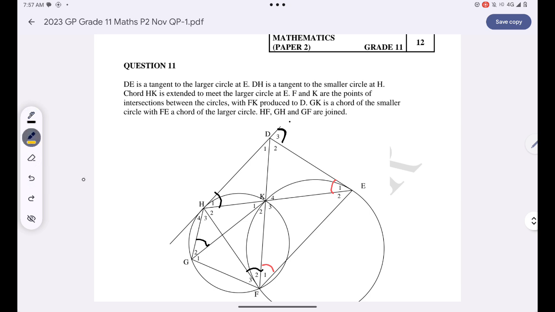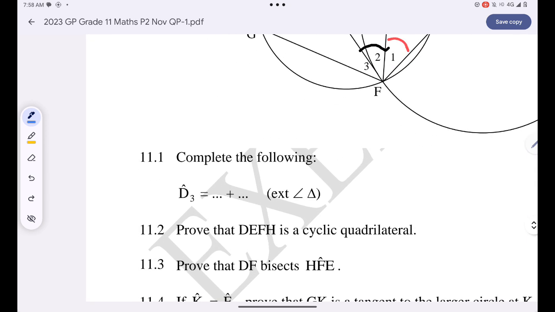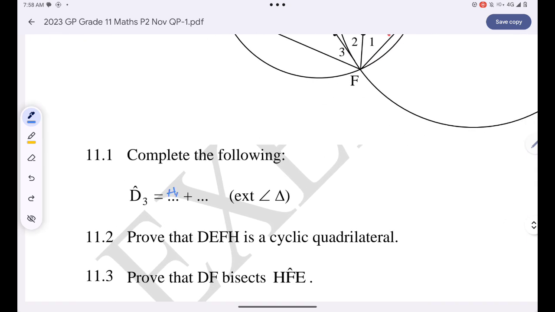We are focusing on this triangle over here. So this angle D3 is equal to this one plus this one. Are you together? The exterior angle of a triangle is always equal to the sum of the interior opposite angles. So D3 is equal to H1 plus E1.